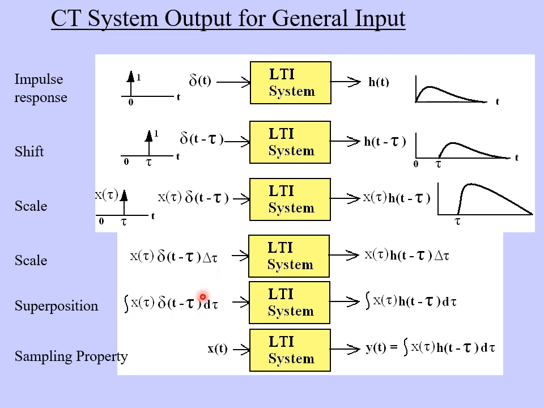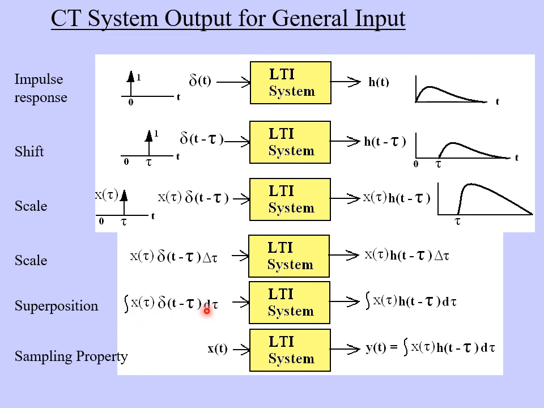Notice the delta t here becomes delta tau becomes d tau here, which is our very tiny little time interval. So we have an integral on the left, and then of course we have to integrate everything on the right. Now, the reason we did all this is because this result on the left is using the sampling property on the last slide.